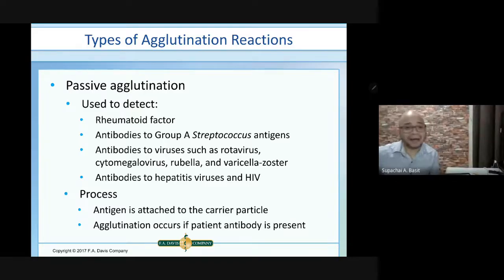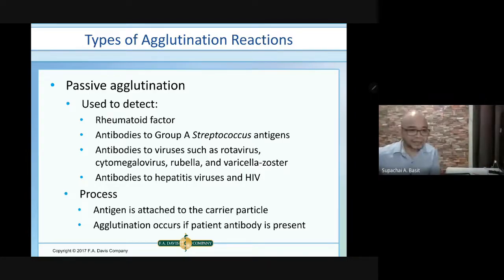Passive agglutination can actually detect rheumatoid factor, antibodies to group A streptococcus antigen, antibodies to viruses such as rotavirus, cytomegalovirus, rubella, and varicella zoster, and antibodies to hepatitis viruses and HIV.